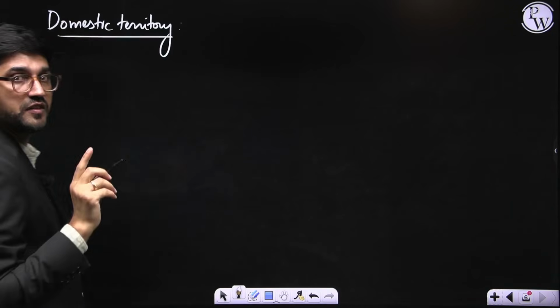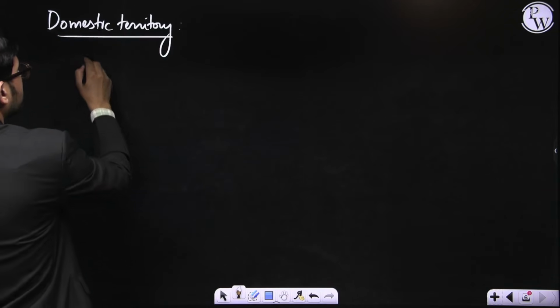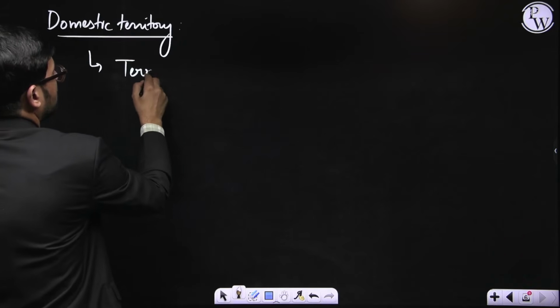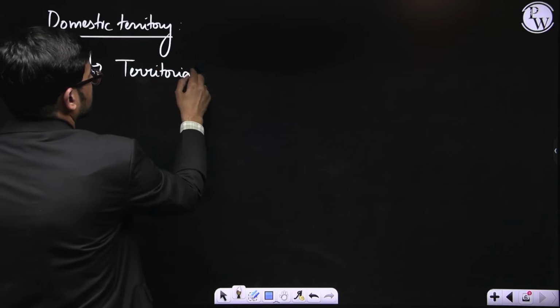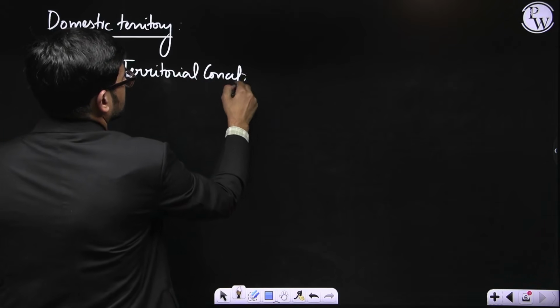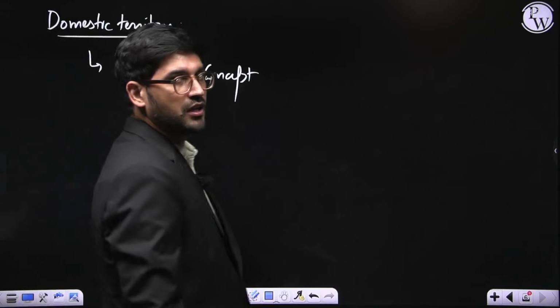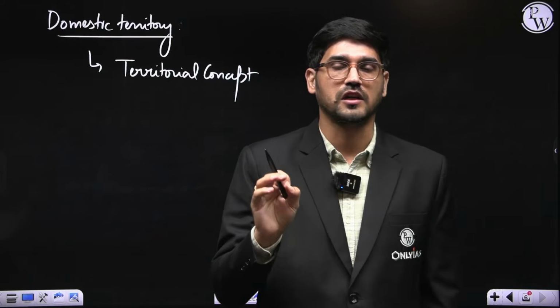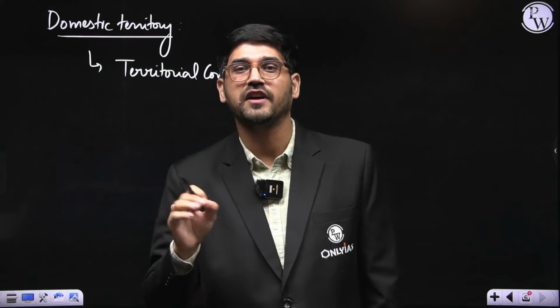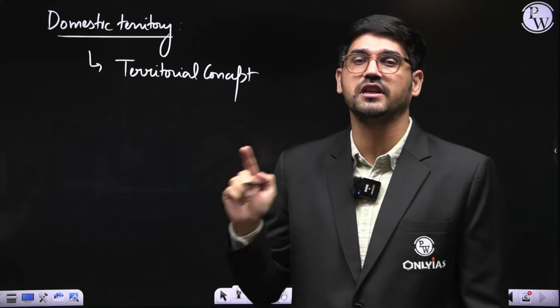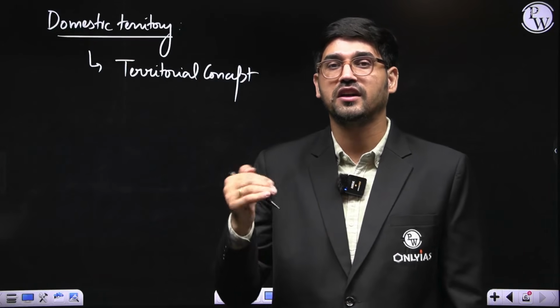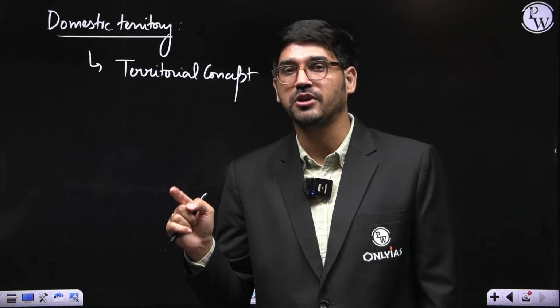The implication is that GDP is a territorial concept, which means in the definition of GDP, if you look at it closely, you will not see that we are concerned with who is producing these final goods and services. What we are concerned with is where are they being produced.